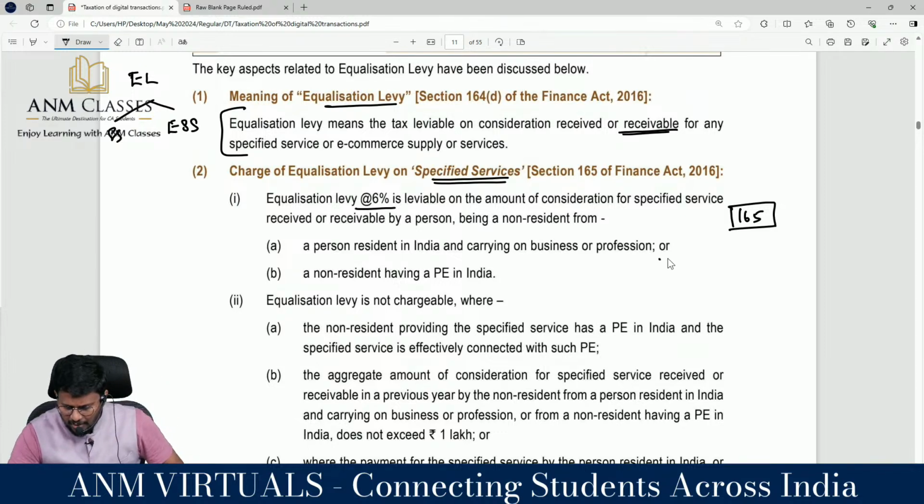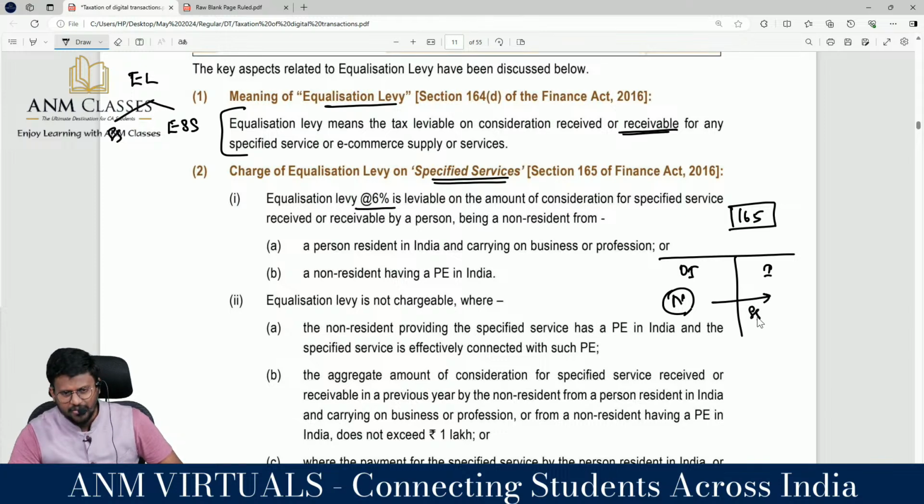That means this is our world map. So this is outside India and this is India. A non-resident who is situated outside India is providing specified services to a person who is situated in India, and this consideration is paid by the resident person situated in India.